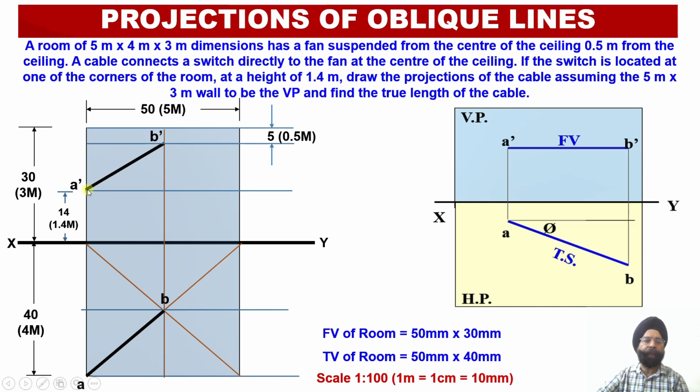So in order to obtain the true length of this line in the plan, we know that the front view apparent length projection must remain parallel to the horizontal plane, which it is not in this particular case. So this projection A dash, B dash, it does not happen to be parallel to the horizontal plane.